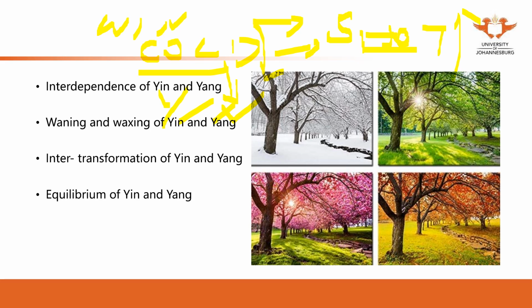So from this perspective, you will see that once the yin reduces, the yang will increase. On the contrary, when the yang reduces, the yin can increase. For example, from summer to winter, from hot to cold, the yang decreases, yin increases. So yin and yang have these kinds of characteristics.